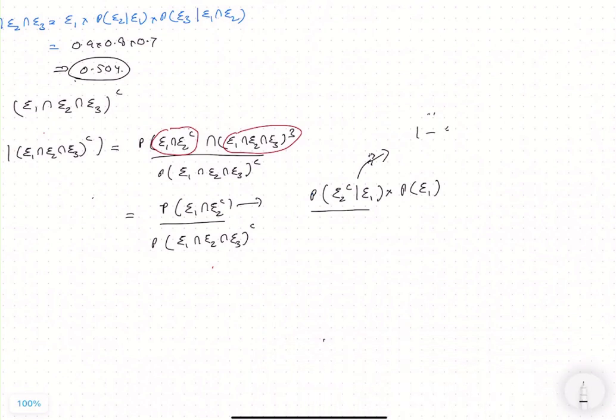It is just going to be 1 minus the probability of passing E2 knowing E1, and then you multiply it with the probability of passing E1.